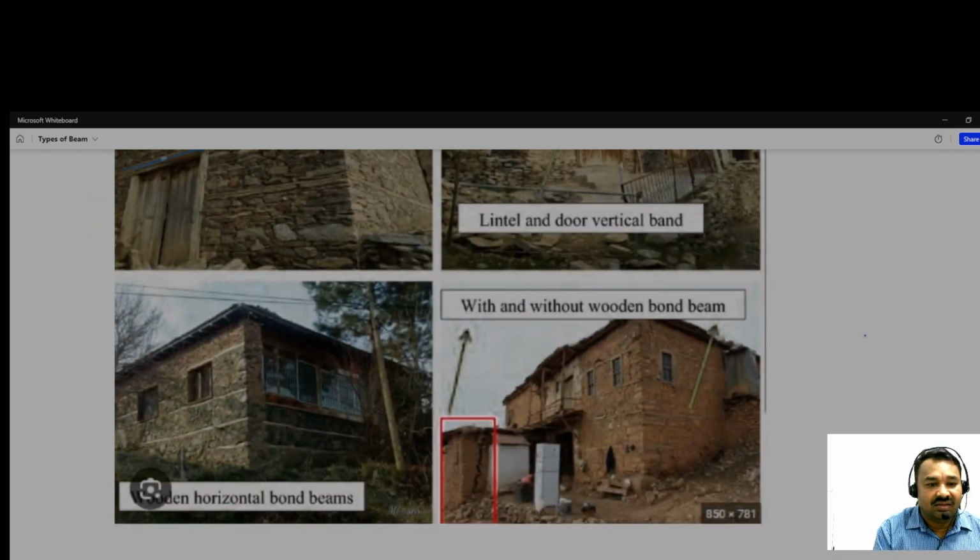Here also we can visualize this. This building is made of rocks, and this line, this strip, is known as the beam.